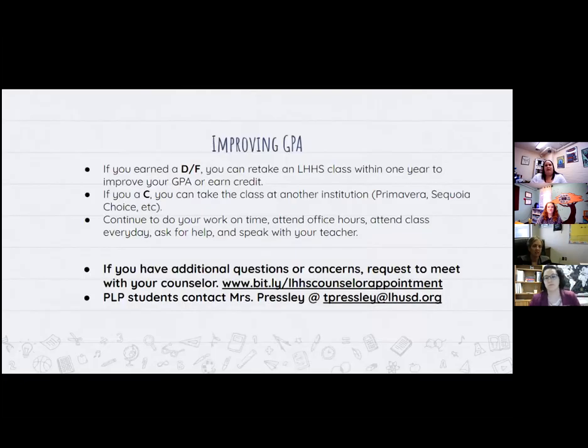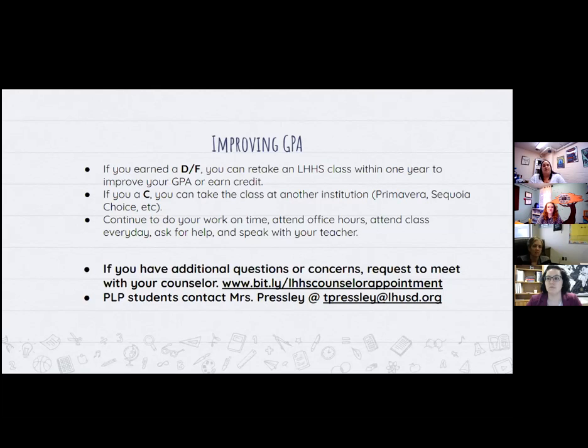And you might say, okay, well, what if I earned a C and I really want to go to a university and earn a merit-based scholarship? So we have ways that you can do that. Obviously, if you earn a D or an F, you would really consider retaking that class on campus, or you could take it off campus with another institution if that's what you would choose to do.